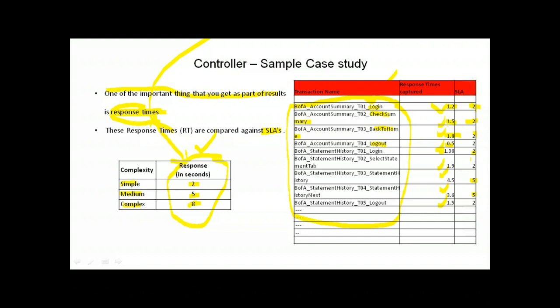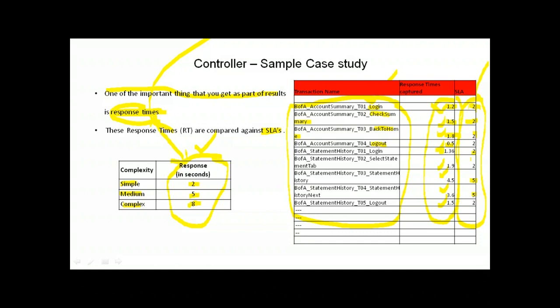This is good. This is also less than the SLA, which is good. Like this, you compare for all of them, and as long as it is less than the SLA, you are in good shape. Your test has passed. Otherwise, if your response time is more than the SLA, then you have to send the code for bottleneck analysis. This is a sample case study.